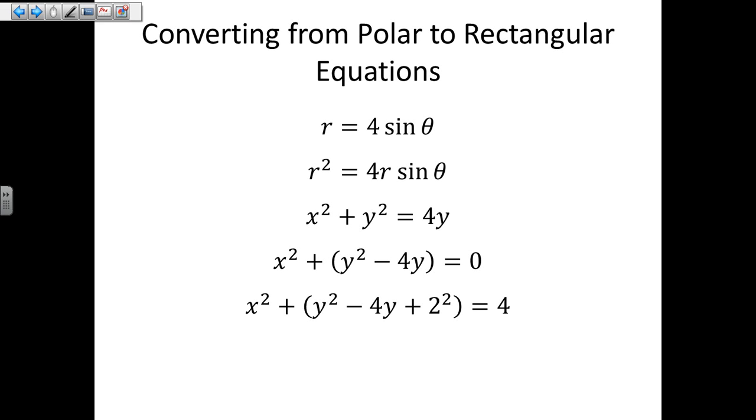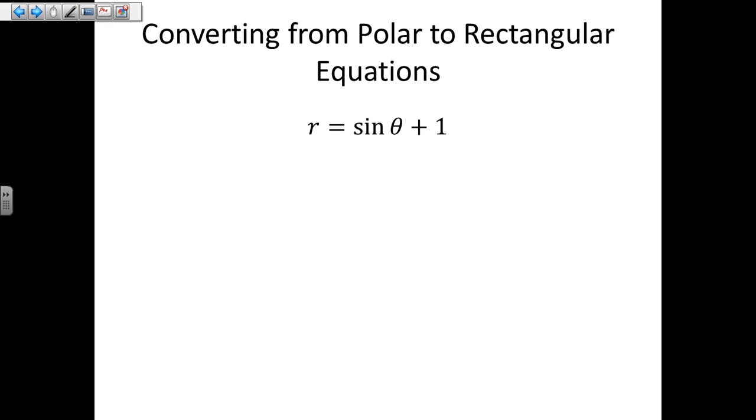So I'm adding 2 squared inside the parentheses, which means that I have to add the same amount, 4, 2 squared is 4 after all. I want to add that same amount to the right side of the equation. Now that I've completed the square, I can rewrite that stuff in parentheses as y minus 2, the quantity squared. So this is our standard form for a circle. We have our x squared, we have our y squared, they're added, and it equals some number.